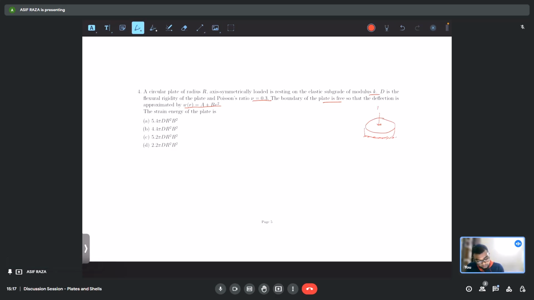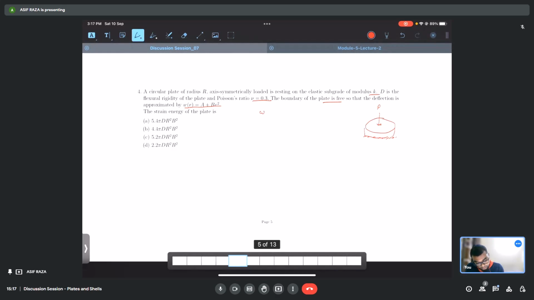So we are given the approximation function a plus b r square.